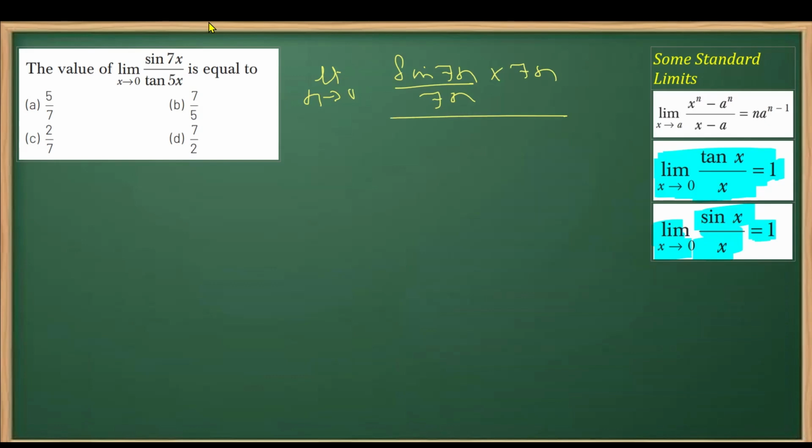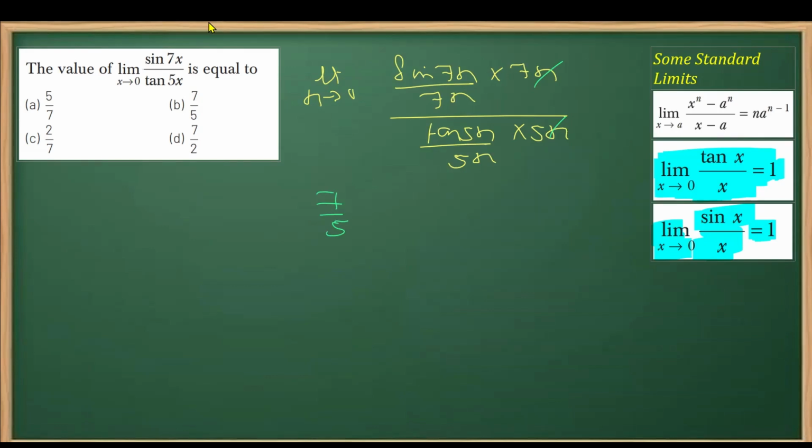And below we have the same limit, that is tan 5x, where I divide by 5x and multiply by 5x. You can figure out from here that these x and x get cancelled. So I can write 7 over 5 outside and apply limits over here.